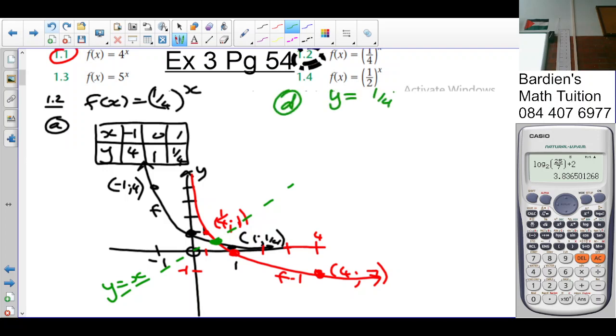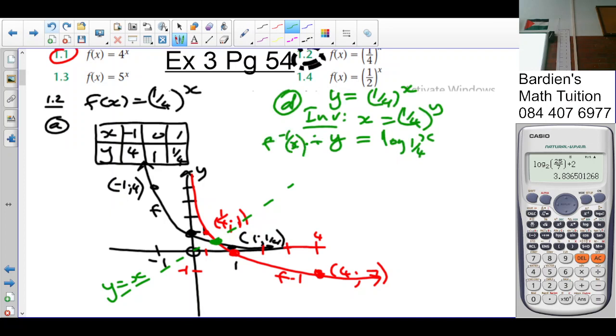Interchange x and y. So for the inverse, it will be x is equal to a quarter to the y. So therefore, y is equal to log x base a quarter. And I've indicated before, this can also be written as what?